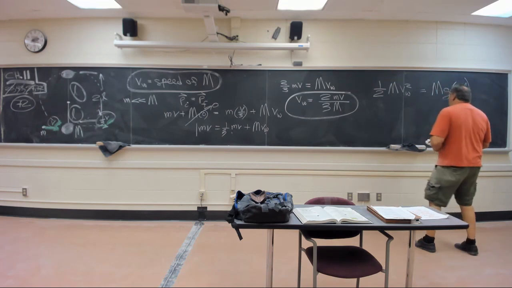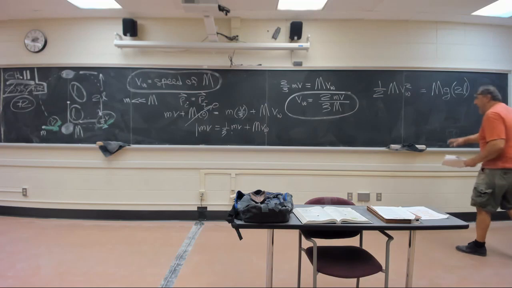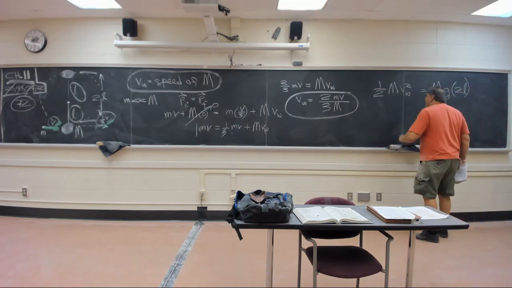A lot of stuff is what we're trying to find, but let's see what we can find here. We are, at the end of the day, trying to figure out the speed of the bullet, not the block. Don't worry about it. We can get out of it.